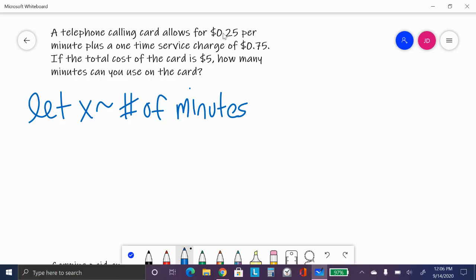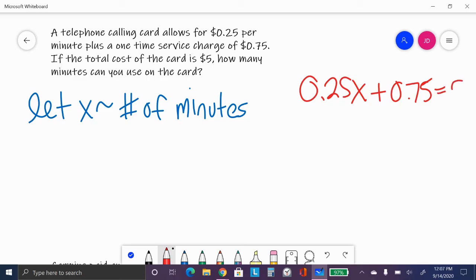Like the other ones, this one is starting off with a per minute. So 25 cents per minute means 0.25x. 25 cents per minute plus a one-time service charge of 75 cents. For a total cost of $5 equals 5.